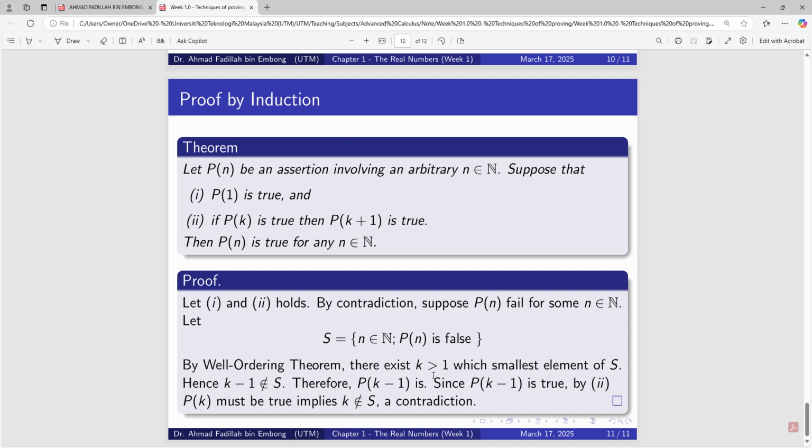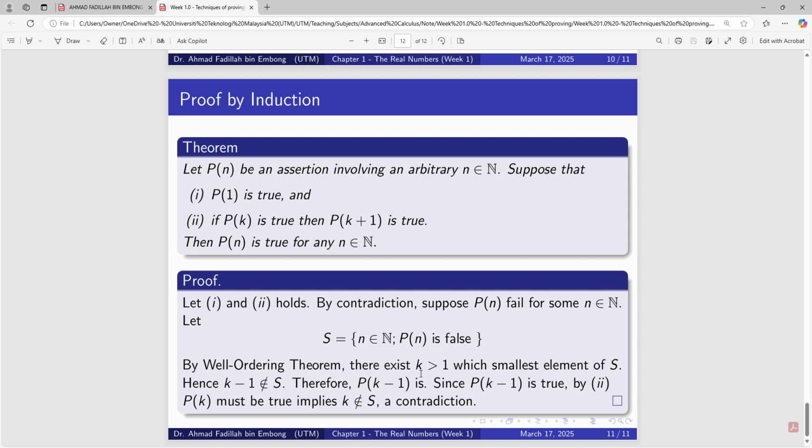You can ask me why k must be more than 1. So k cannot be equal to 1, because we already have the assumption that P(1) is true. Whenever k is an element of S, P(k) must be false.